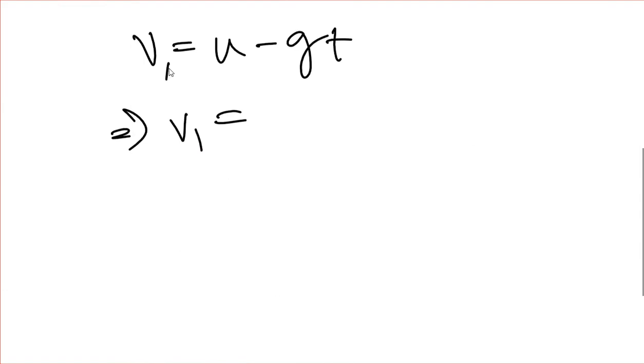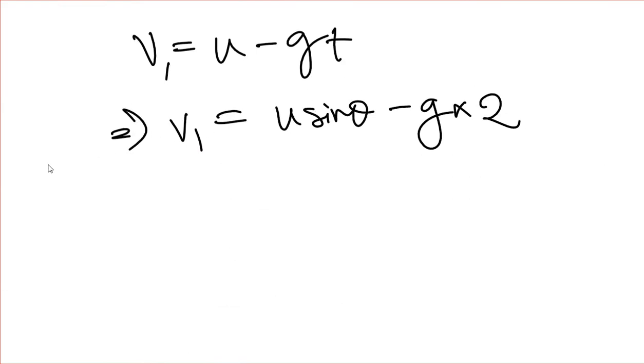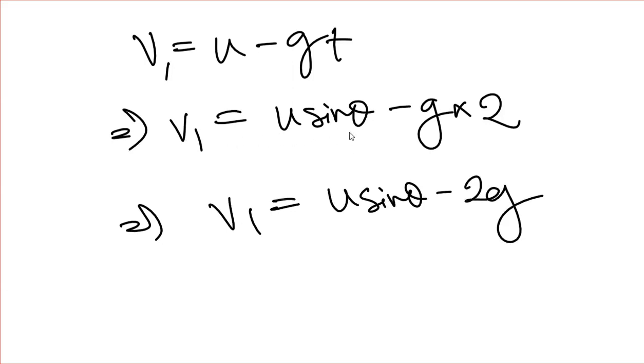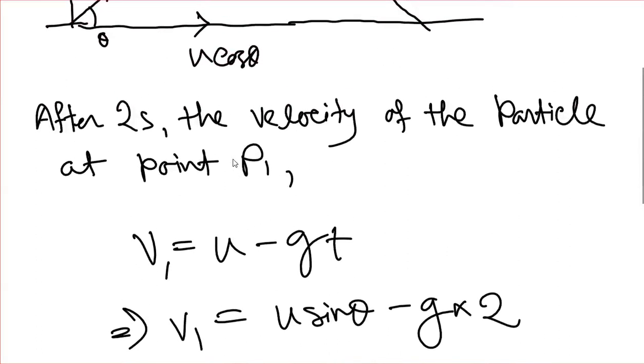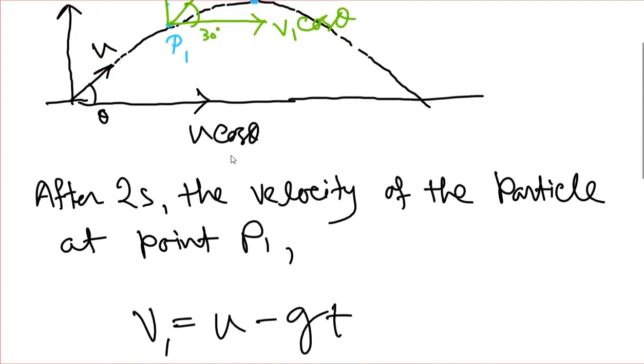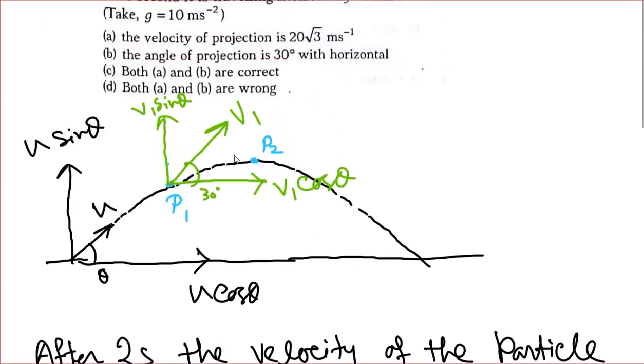So the velocity will be u sin theta minus g times 2 after 2 seconds, that means u sin theta minus 2g. So this will be the velocity after 2 seconds.